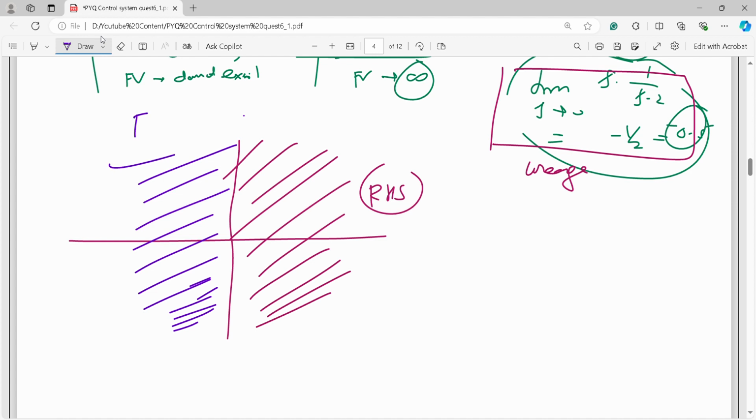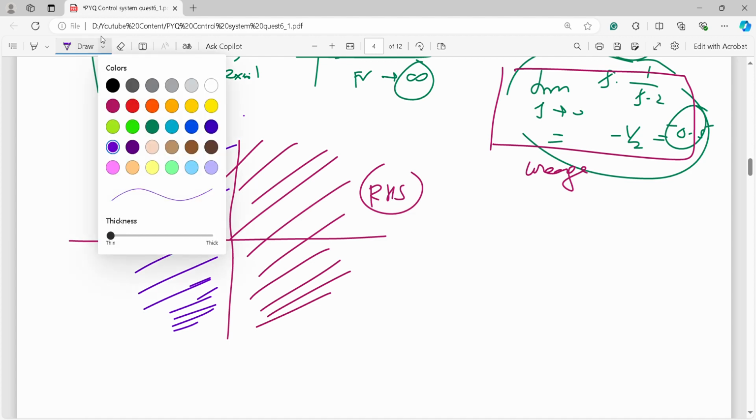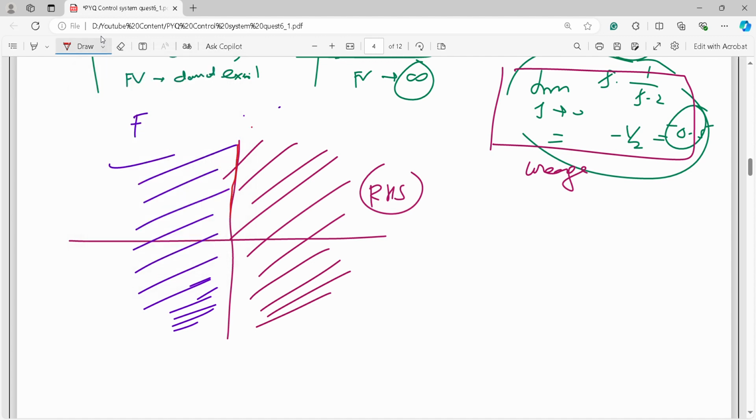One more thing we can also classify here. Let me change the color. This is my jω axis, the imaginary axis. I'm just excluding the origin here.